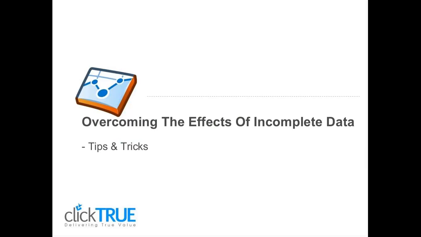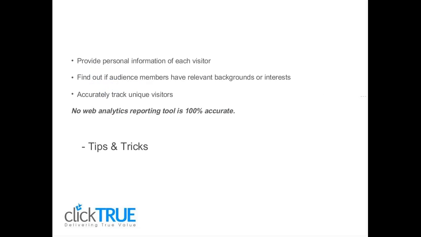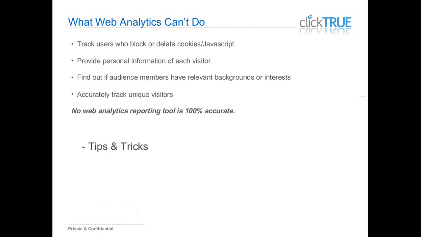So now a lot of clients I face, banking included, they like really precise data. The thing about web analytics is that you are not gonna get exact data. All right. So in the next slide, you'll see some examples of what web analytics cannot do.